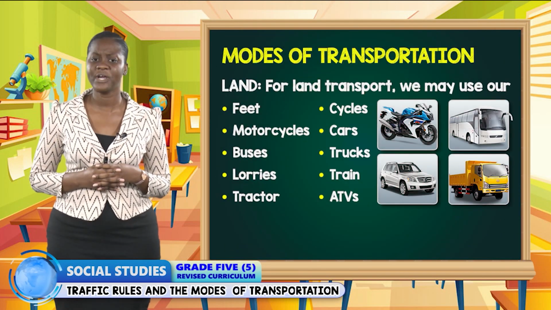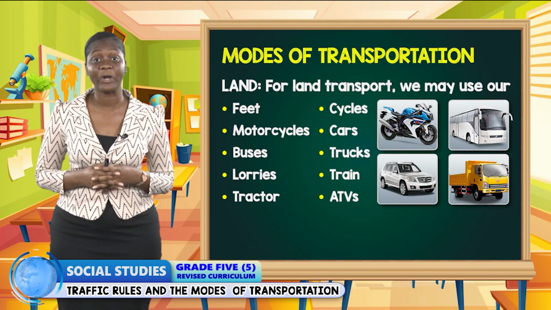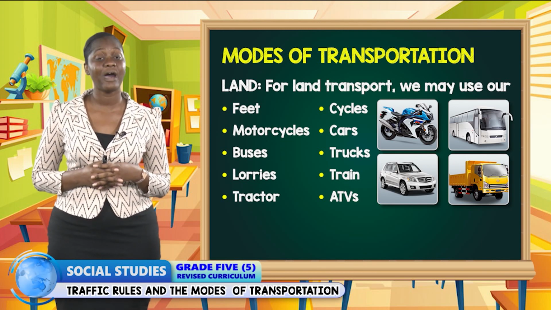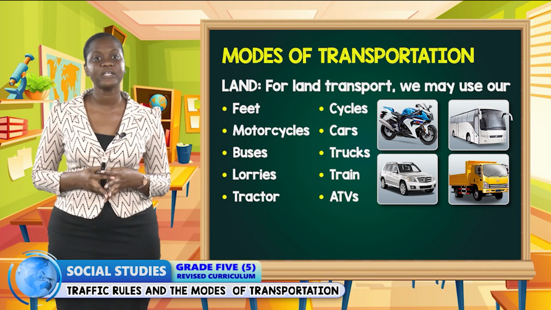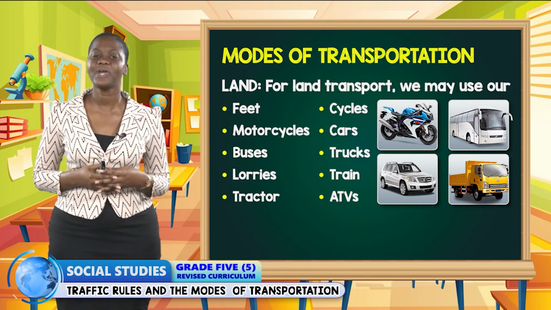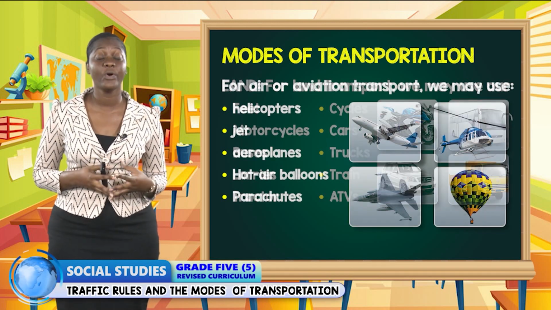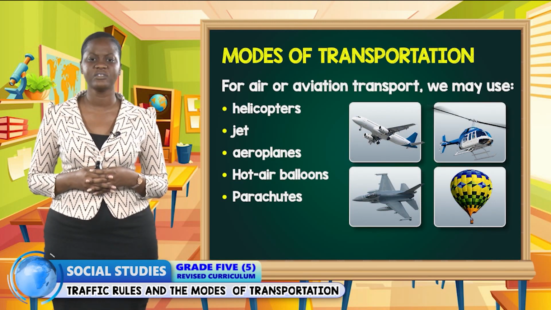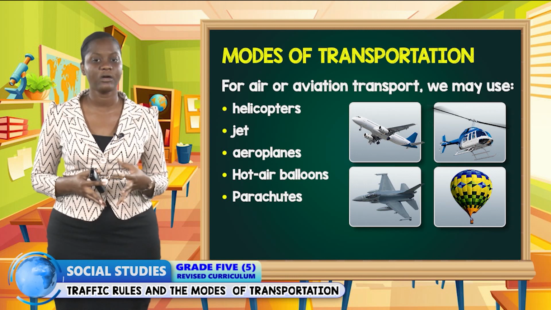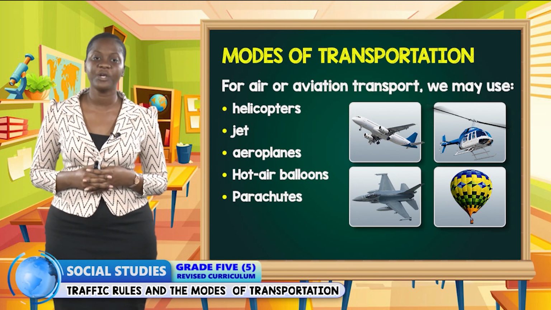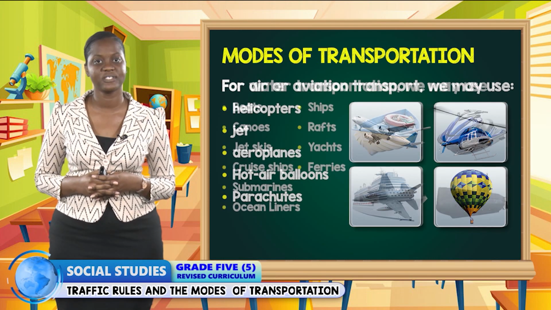For land transport, we may use our feet, bicycles, motorcycles, cars, buses, trucks, lorries, trains, or tractors. For air or aviation transport, we may use helicopters, aeroplanes, jets, hot air balloons, and parachutes.